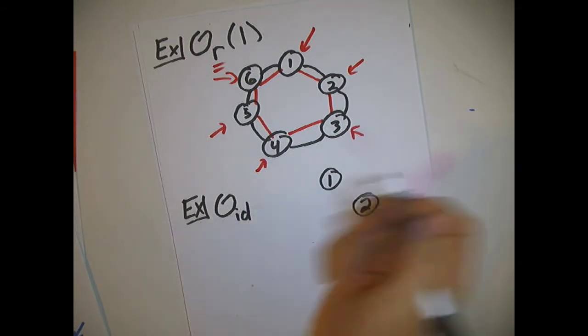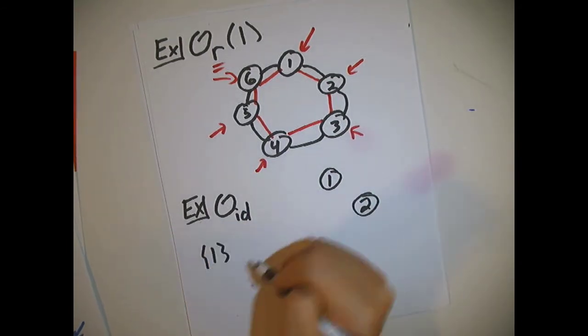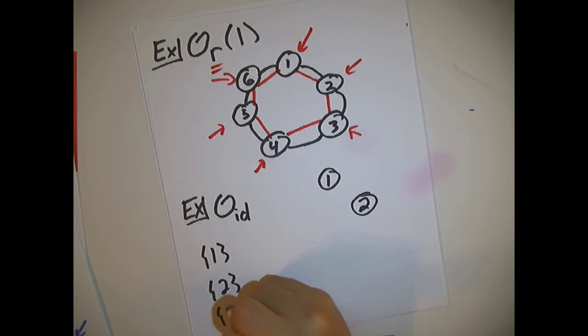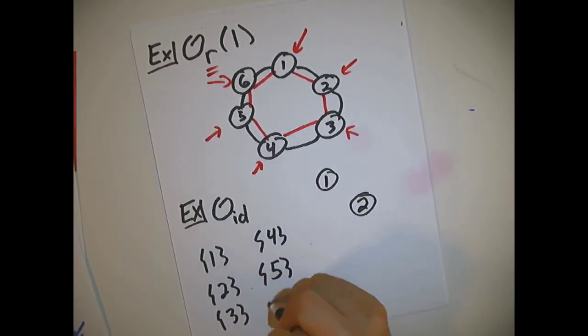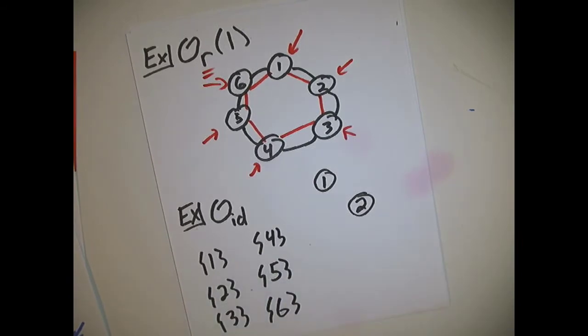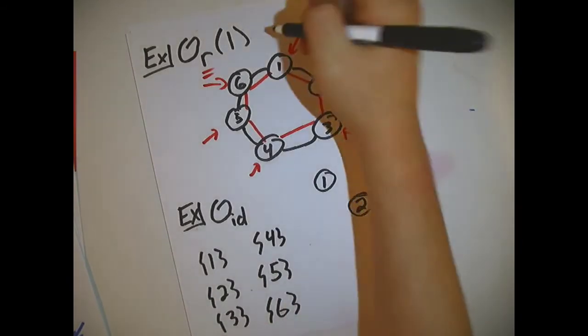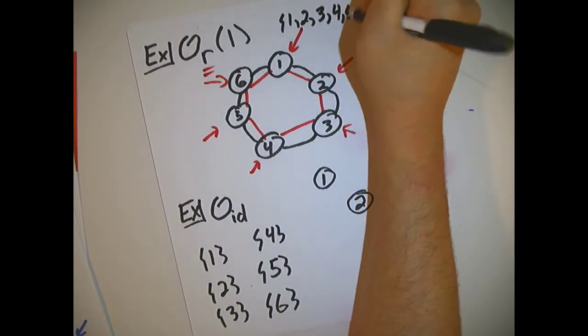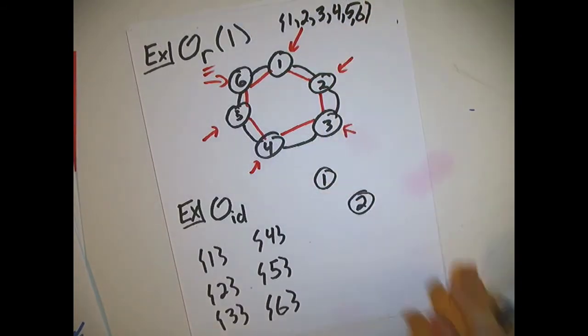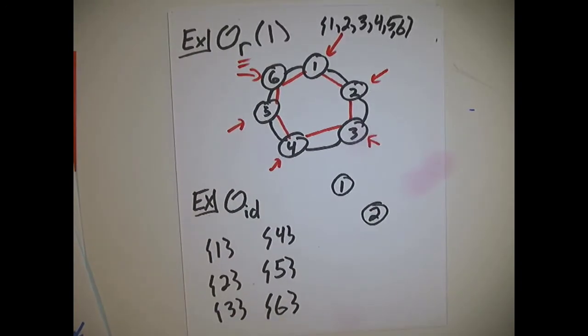So here the orbits end up being that, that, that, and that. Okay, whereas here I only had 1 orbit, which consisted of all of my nodes.